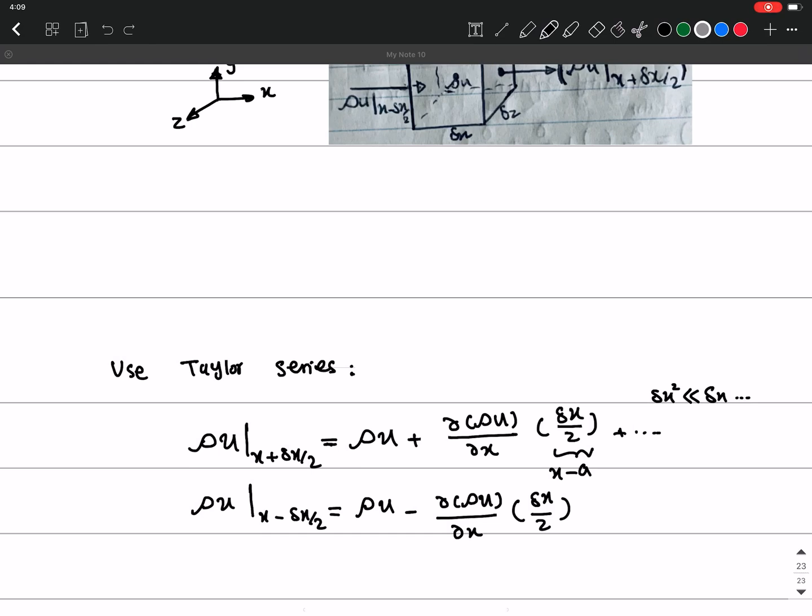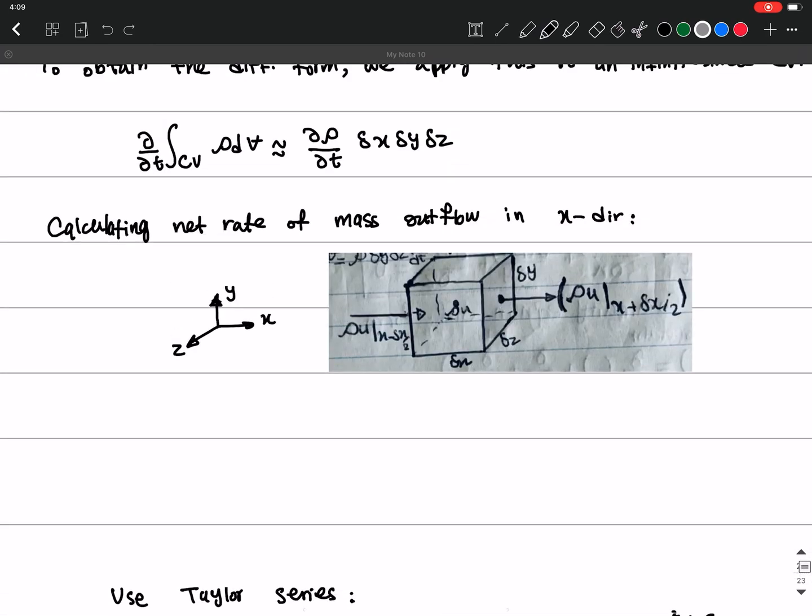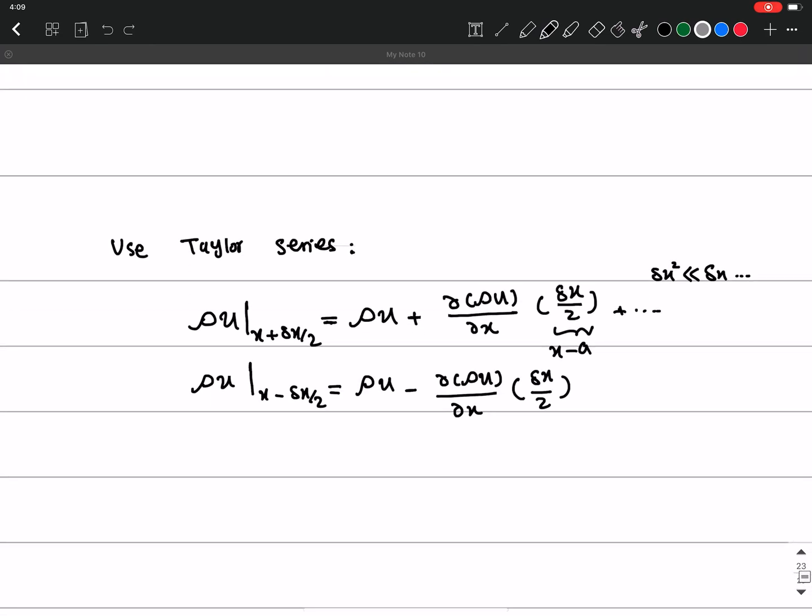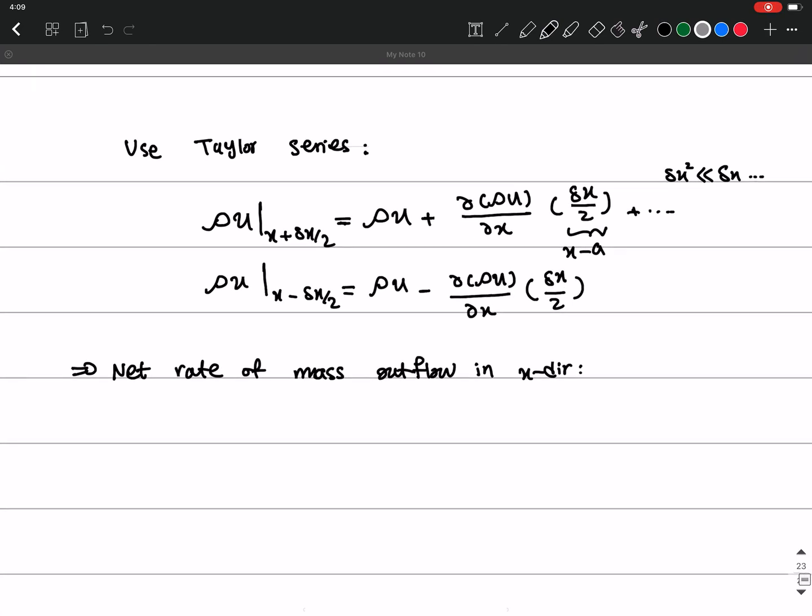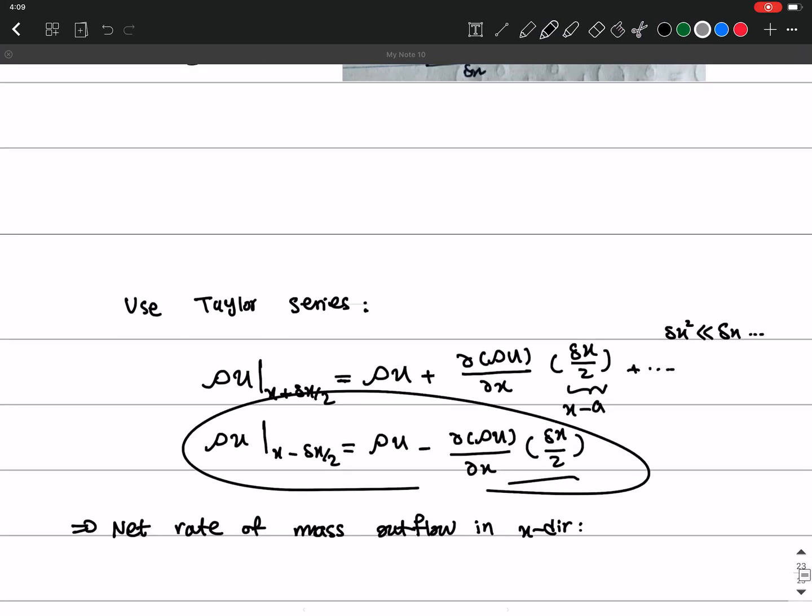And so now we can calculate the net rate of mass outflow in the x direction. It is going to be this outflow minus this inflow, right?